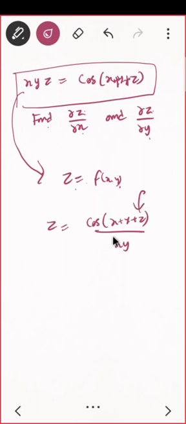So can I make the z term aside here? You may try another way, cos inverse. If you take cos inverse that side, then also z is there. So in any case, you cannot write the function in the form z equal to f of x y.